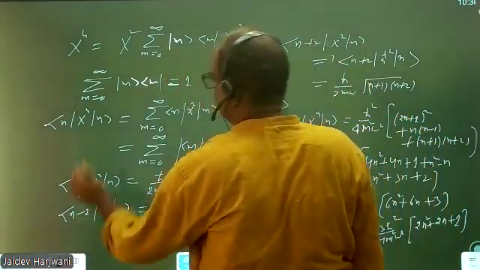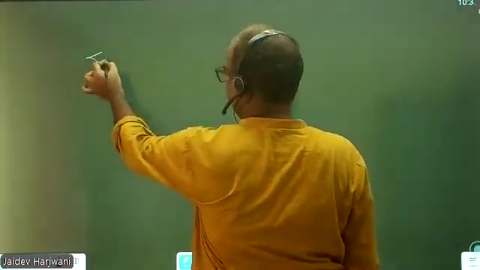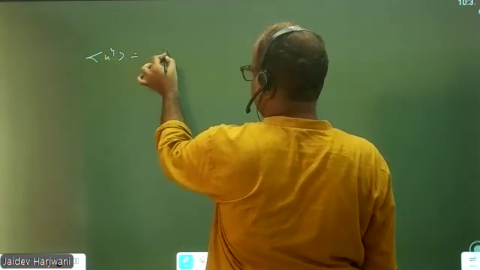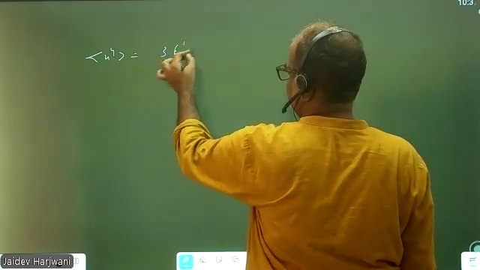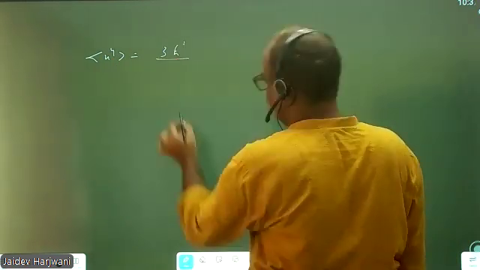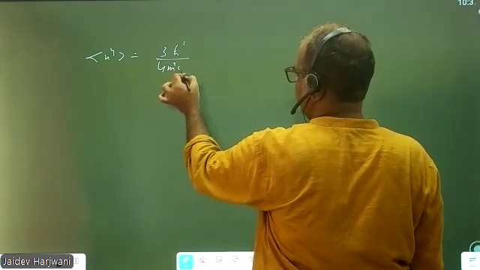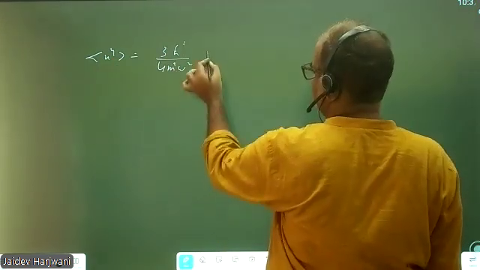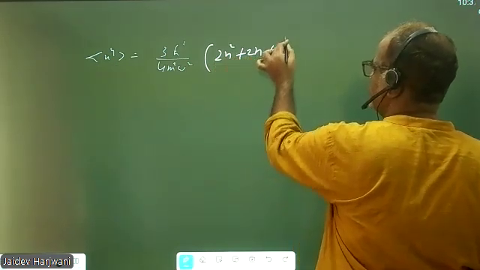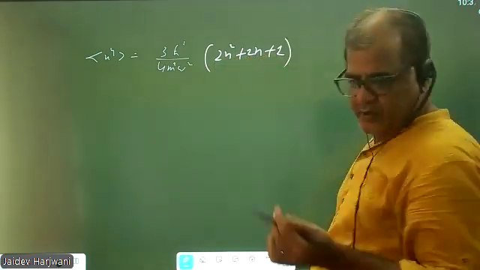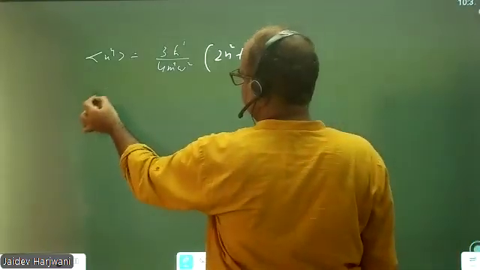So we have ⟨x⁴⟩ equal to 3ħ² upon 4m²ω² times (2n² plus 2n plus 1). Now you can calculate p⁴ in a similar way.